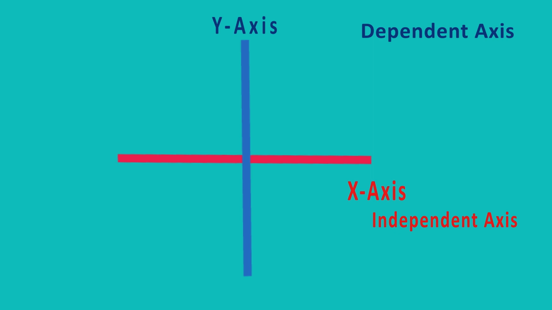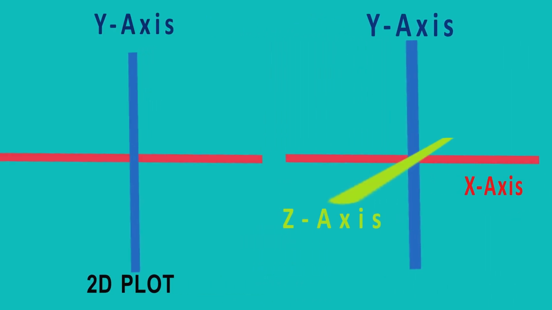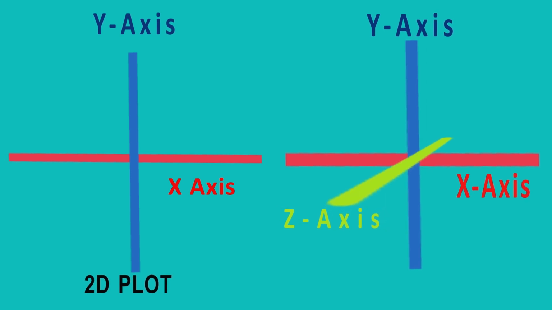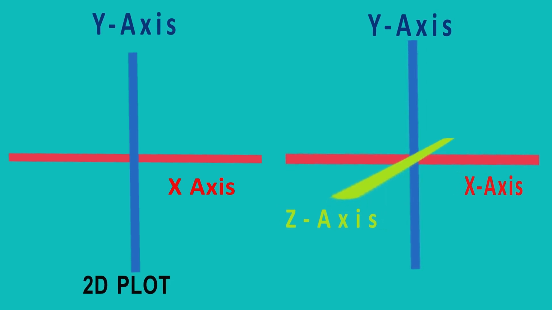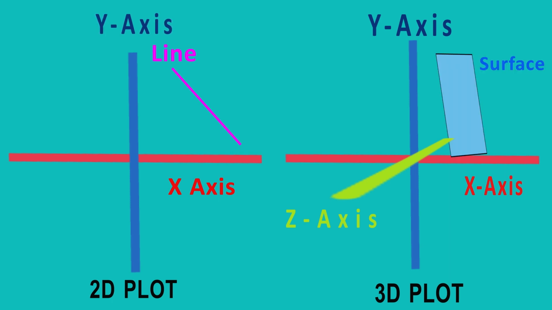The plot between two axes such that one is dependent over the independent axis is called a 2D plot. Whereas the plot between two dependent and one independent axis will generate a 3D plot. A 2D plot generates a line while a 3D plot generates a surface.